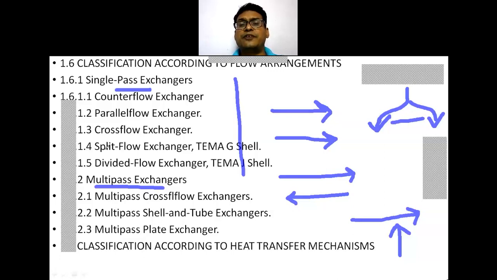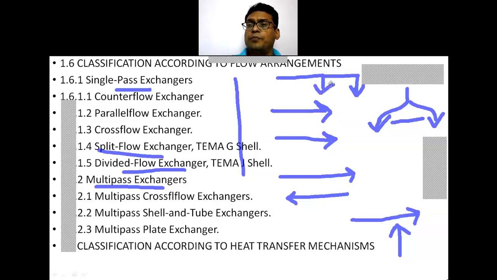That is a split flow exchanger. Then divided flow exchanger, that means you are dividing the flow into two or three parts. Flow that is divided. One part is here, another part is here. So it's a divided flow heat exchanger, split flow, cross flow, parallel flow, and counter flow arrangement.